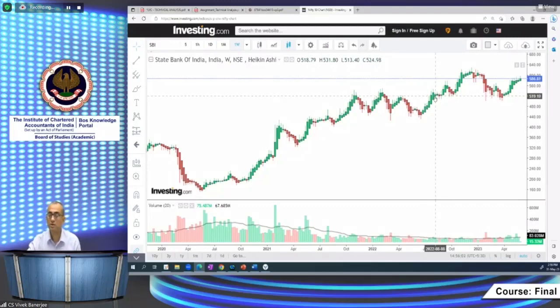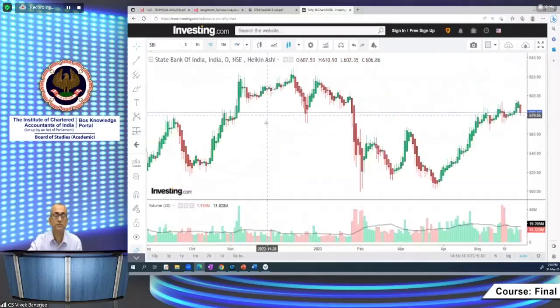So about 1.5 months, it is showing a bullish trend. A brief bearish trend, red candles, again a bullish trend for some time, and again a bearish trend. So this is actually a secondary movement. And for daily fluctuation, you have to see the daily chart.